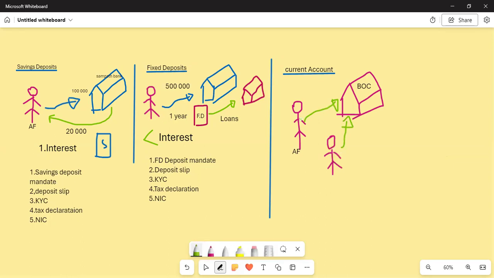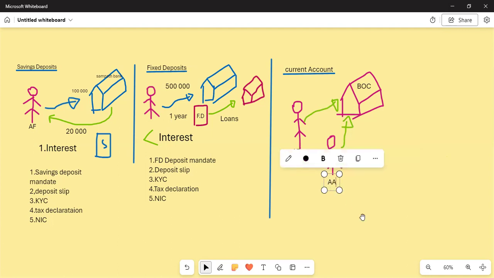So the main condition to open a current account is a person who already has a current account. Asif has to go and introduce me to the bank in order to open a current account for me.